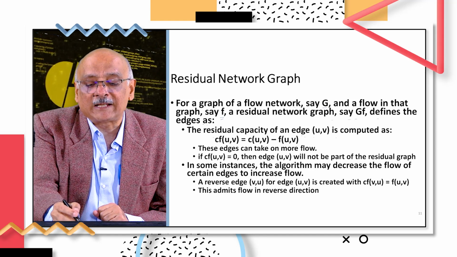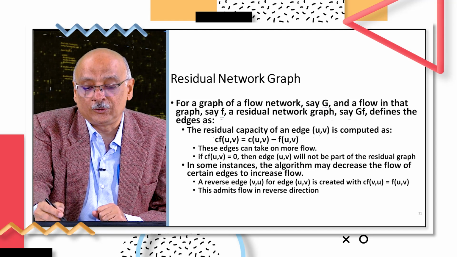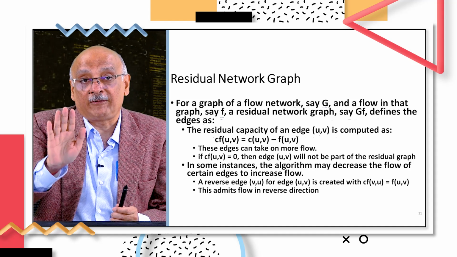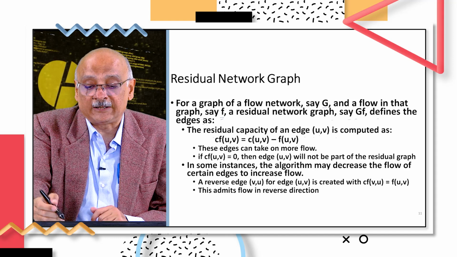The residual capacity of an edge uv is computed as follows. Suppose there is an edge uv in the original graph, our graph G, that is the flow network.